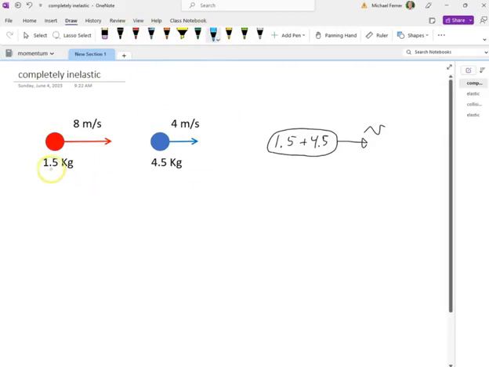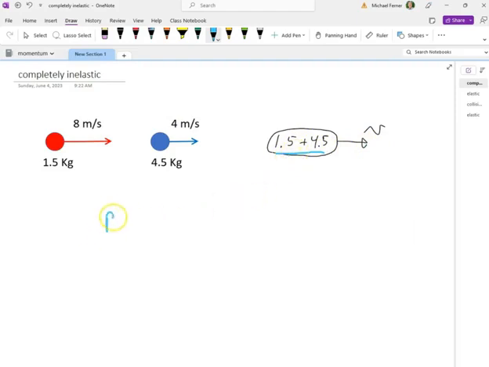So we have the 1.5 kilogram traveling 8 meters per second, about to strike a 4.5 kilogram object moving at 4 meters per second, both objects to the right. In the completely inelastic collision, the final state is the two objects combined as a whole, either stuck together or at least moving at the same velocity.